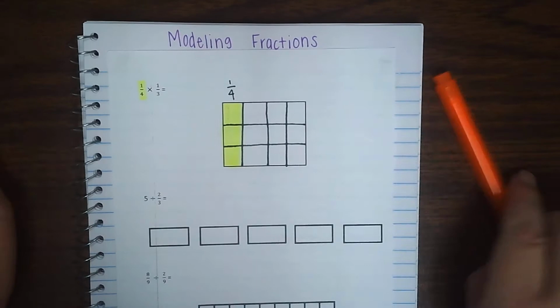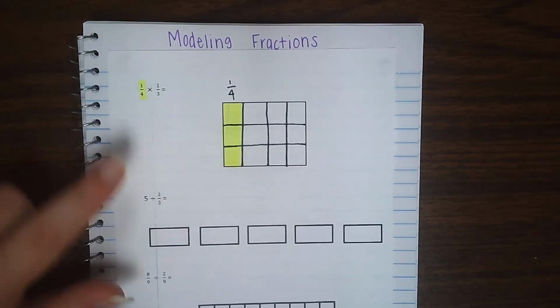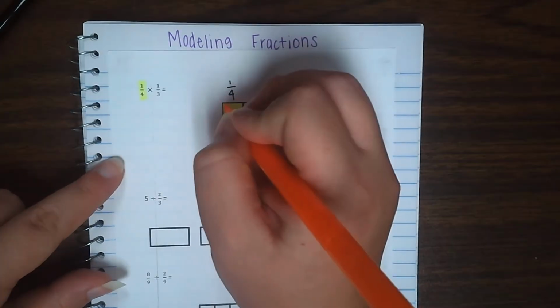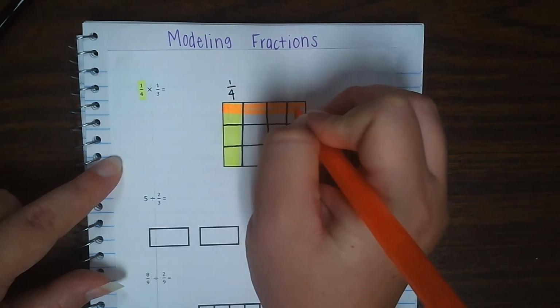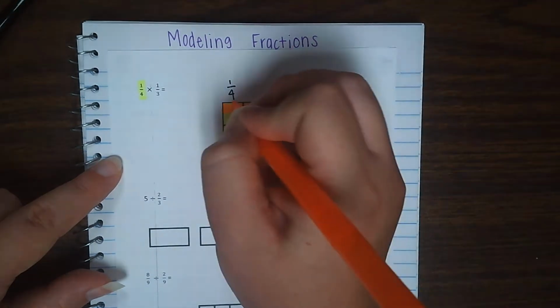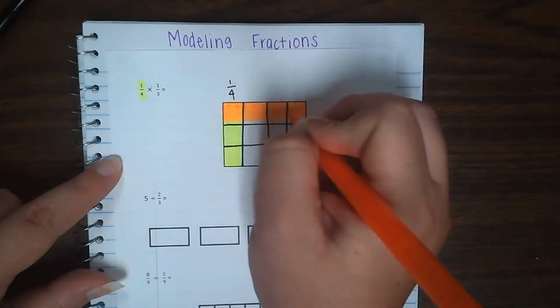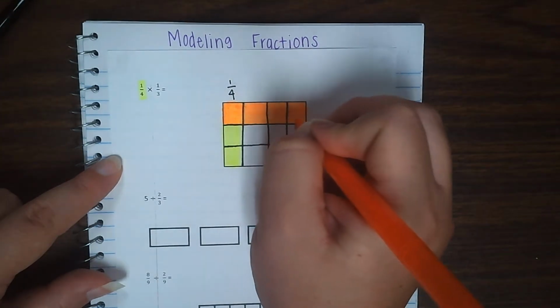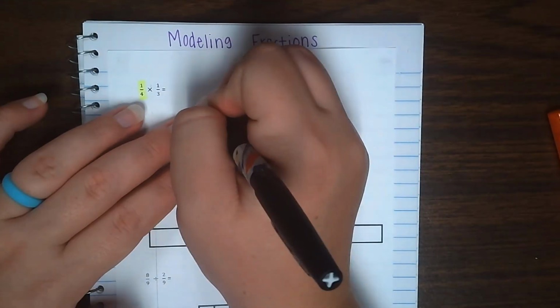And now I'm taking a different color, and I'm going to represent 1/3 vertically. Okay, so we've got 1/3.